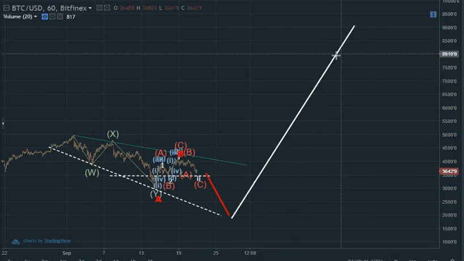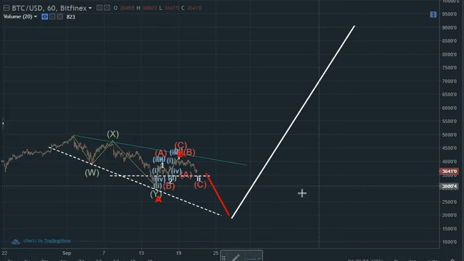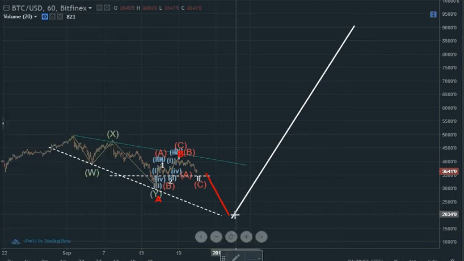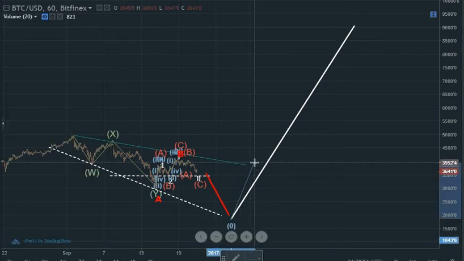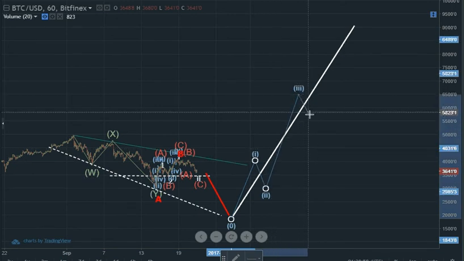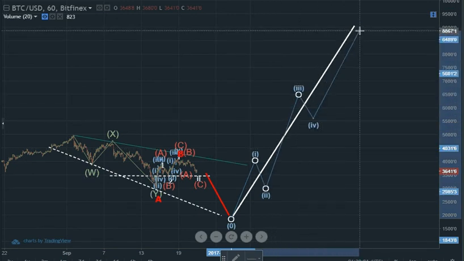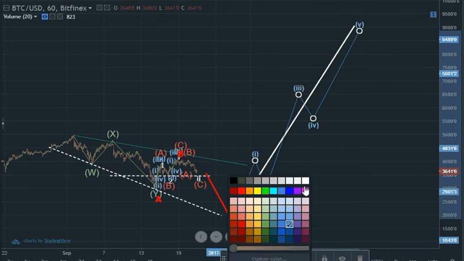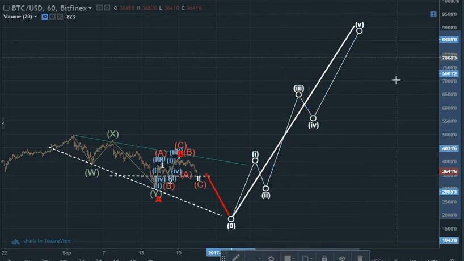So I'm now going to take it a little further out, more on the big picture side, so bear with me here. If this is wave 5, I'm going to count it as 1, 2, 3, 4, 5, because they will go in an impulsive manner.